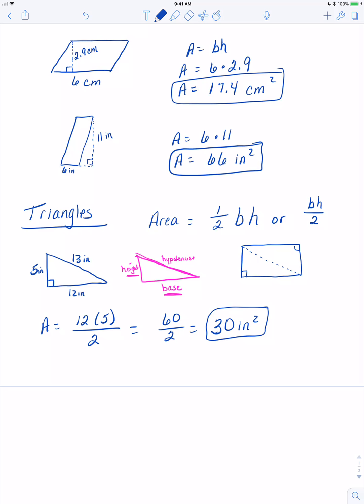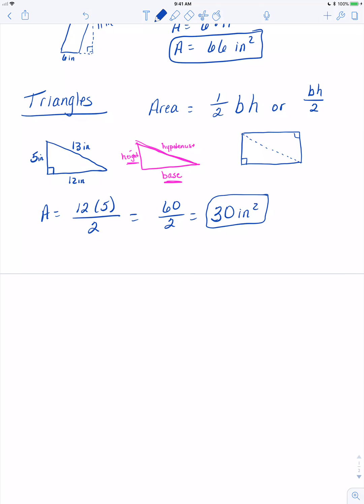All right, let's try another one that's not a perfect little beautiful triangle like the one I drew before. What if you have an obtuse triangle here, and you're told this one is 14 centimeters, so this does not give us the true height of it here. Remember, it's not creating that perfect perpendicular line that's creating a 90-degree angle.